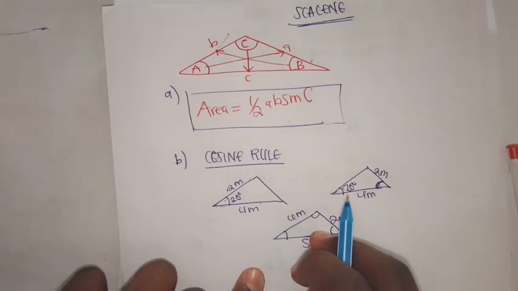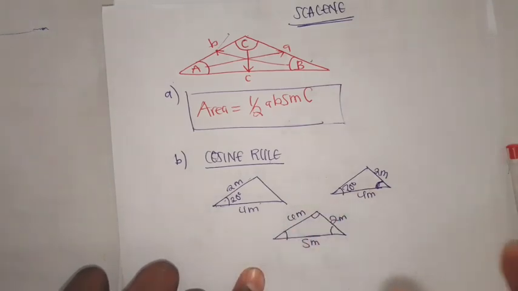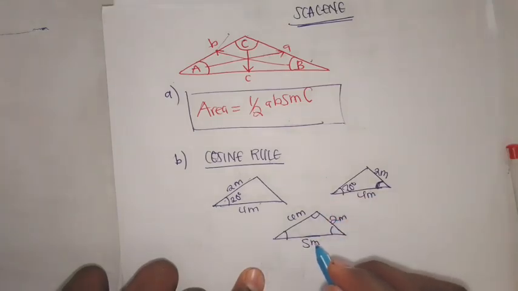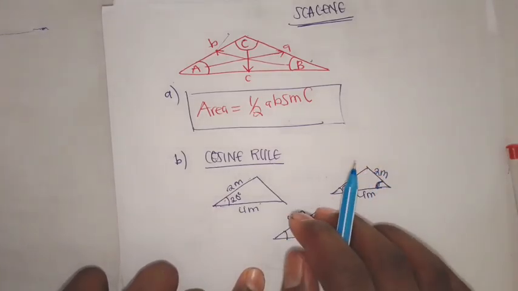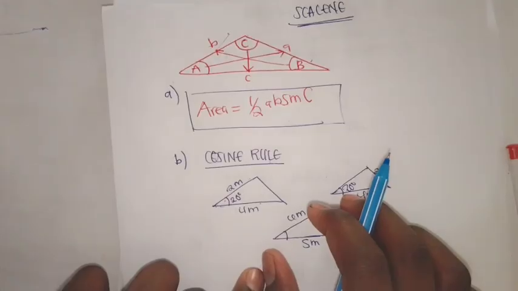So if you open the paper and you just see a triangle with all three sides given, just start thinking about cosine rule.